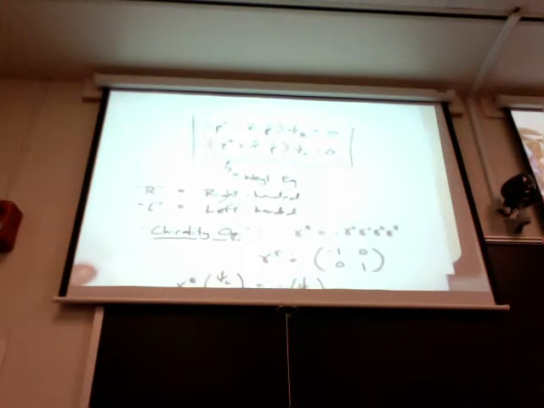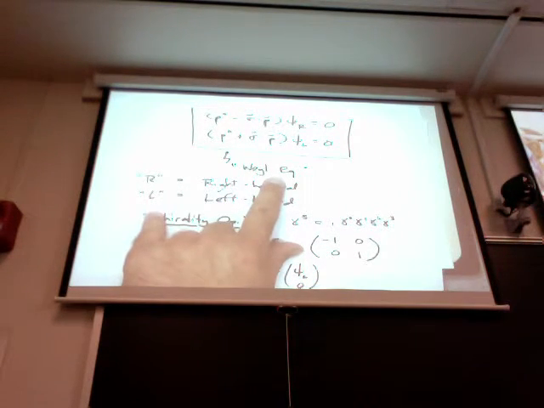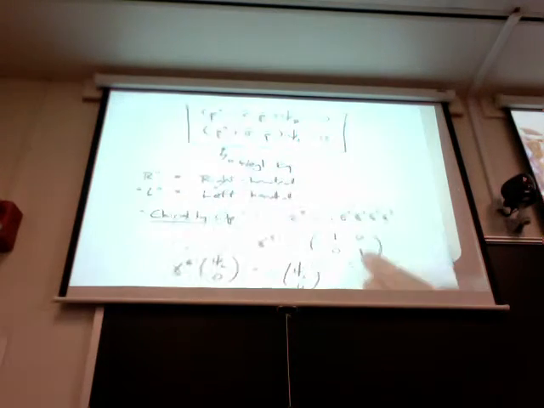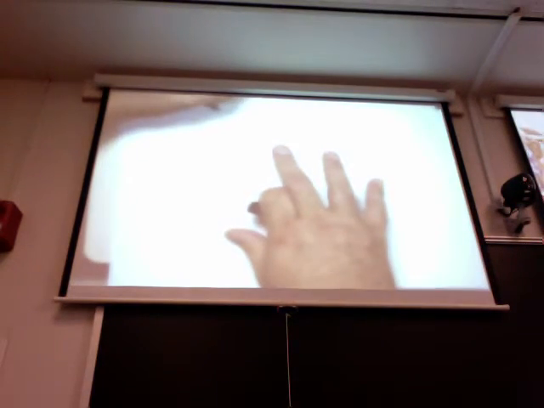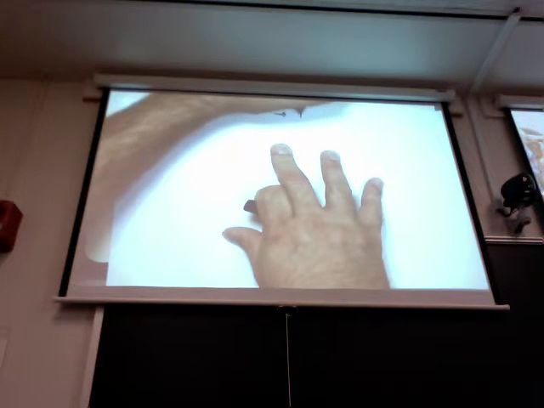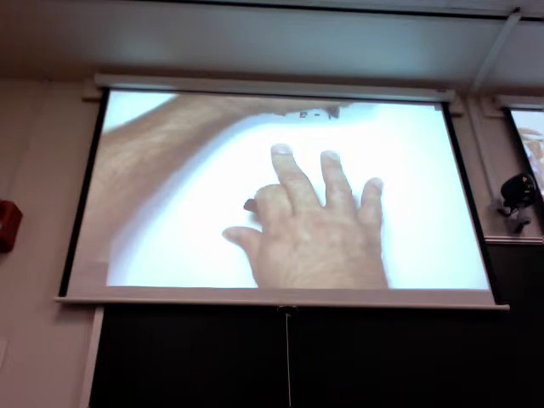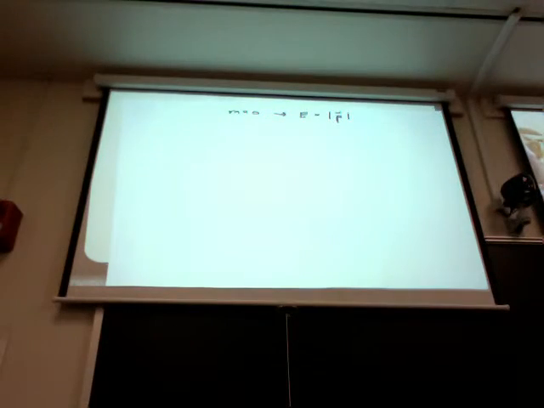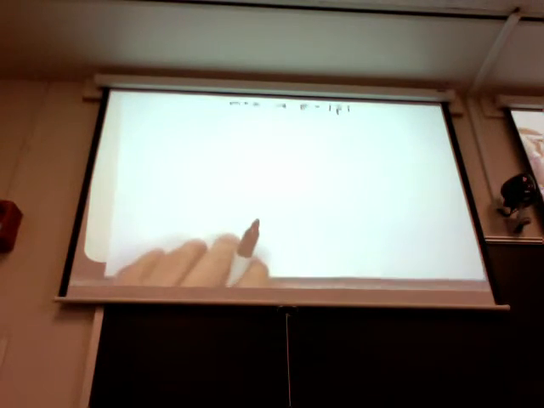Okay, so let me go back to the Weyl equations, and let me rewrite them in a more suggestive way. Remember that for cases where m equals 0, the energy E is just the magnitude of the momentum. We're working in units where c is equal to 1.